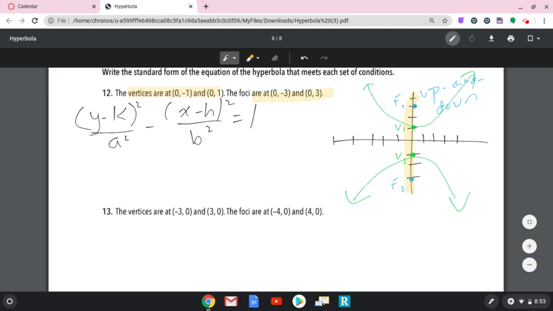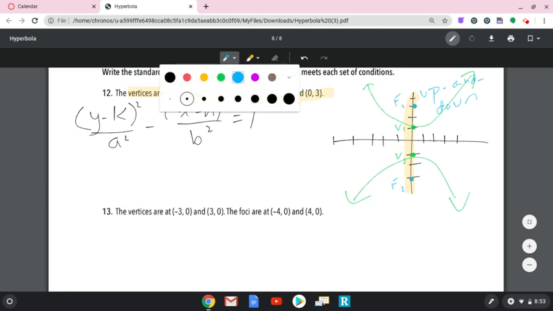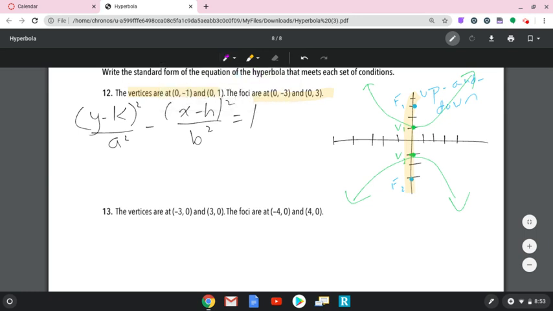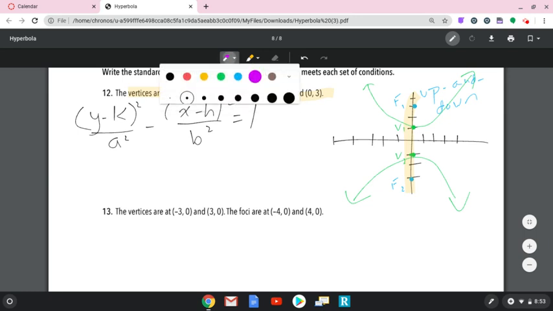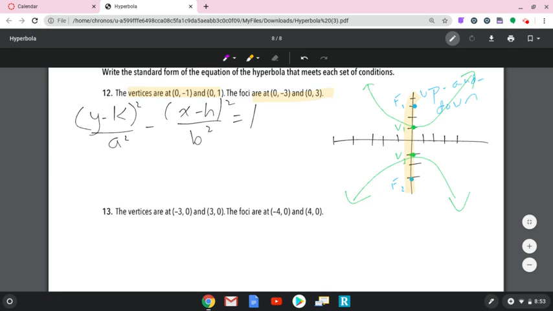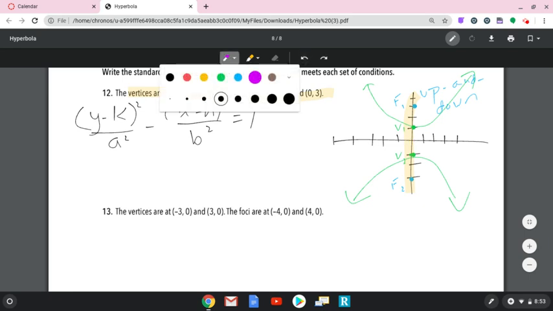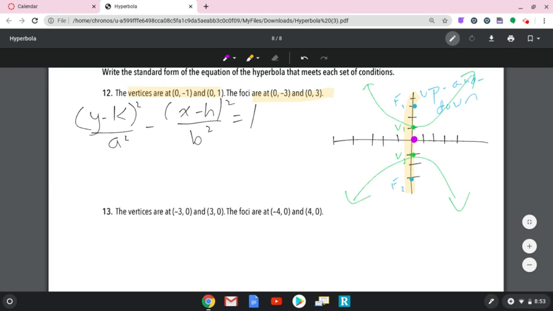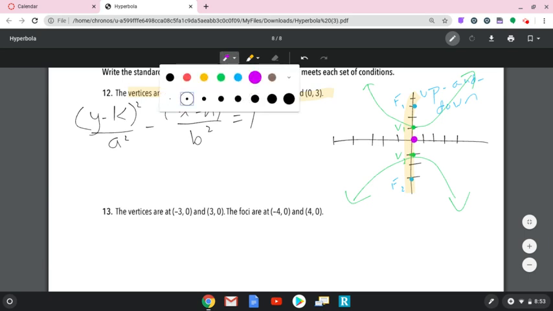Now, how do I find my center? My center will be the midpoint of both my vertices and my foci. If I look right smack in the middle of what I graphed, that's my midpoint, so that would have to be my center. My center would just be 0, 0.